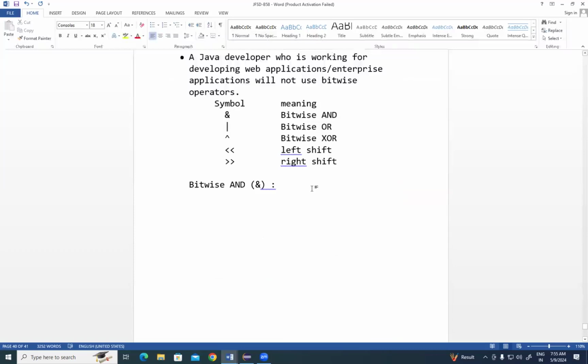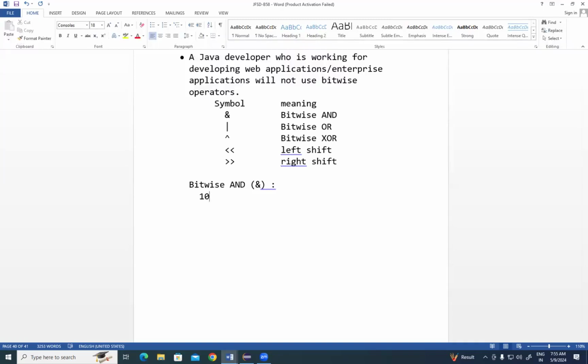Bitwise operators work with bits. That's the meaning of bitwise; they work on bits. Now we have to convert our number into bits. Bits means binary. A bit could be either 0 or 1. Suppose I'm writing 10, for example. 10 is a decimal number system, base 10.